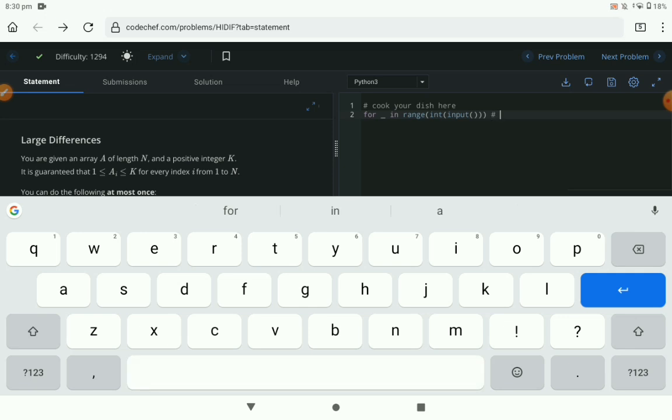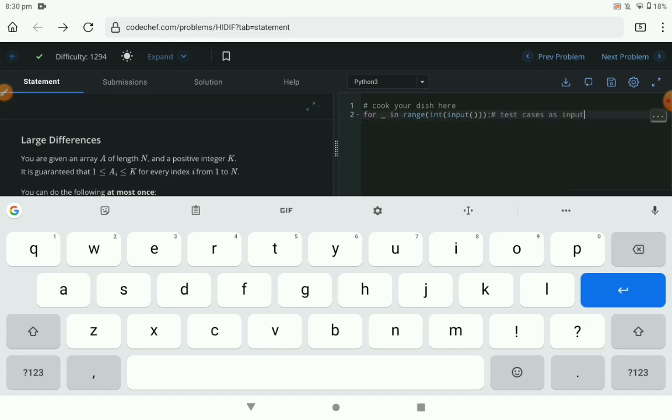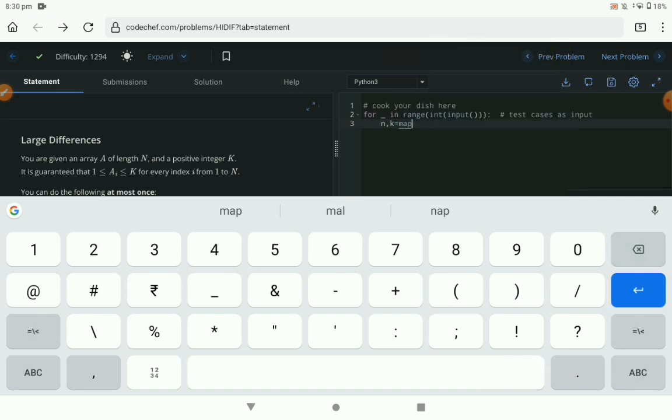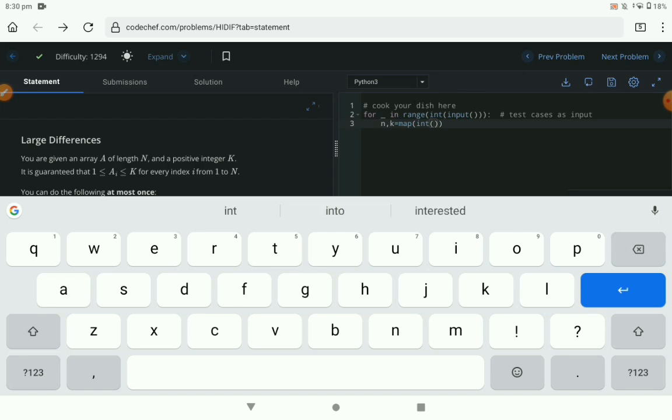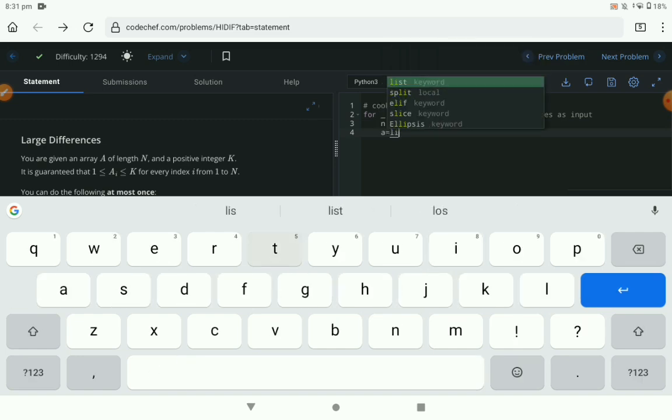This is our test cases input. Now we will take n and k as input, and now we will take our array as input.